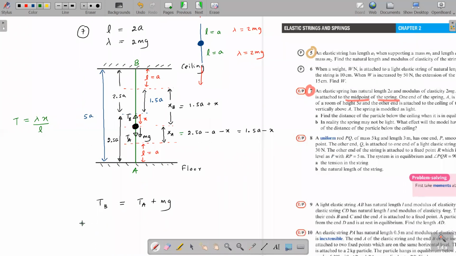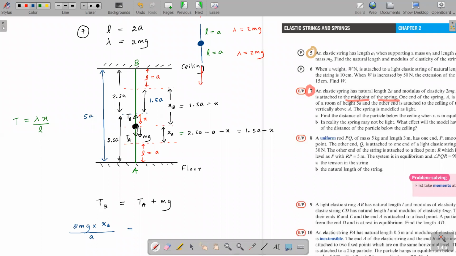Lambda is 2mg, and lambda is a constant that doesn't change. So lambda times extension XB, over natural length. What's the natural length of spring B? Tension B comes from spring B, right? So the natural length is A: lambda x over A equals tension A.